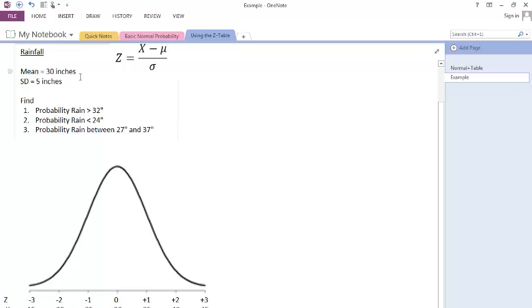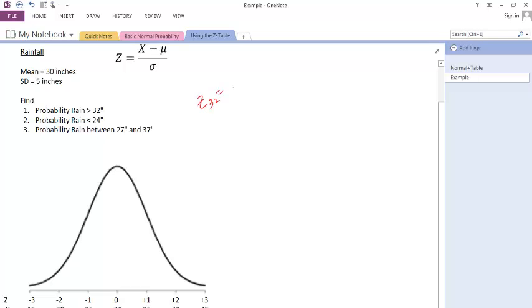We have rainfall, mean 30 inches, standard deviation 5 inches. We always want to keep in mind how we convert from an x value to a z value. We're going to find the probability of the rain being greater than 32 inches. So to do that, we first calculate the z value of 32 inches.